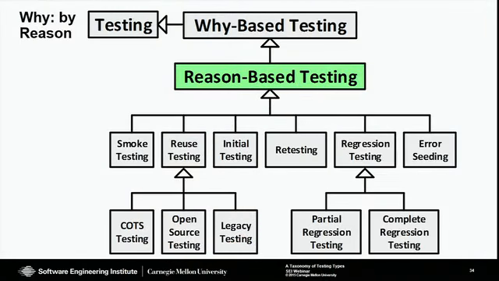And depending on how many regression tests you have, it may or may not be practical to run them all at once. So if it doesn't take too long to run, you can do complete regression testing. Otherwise, you can do partial regression testing.